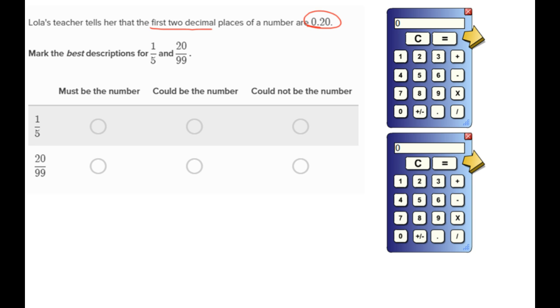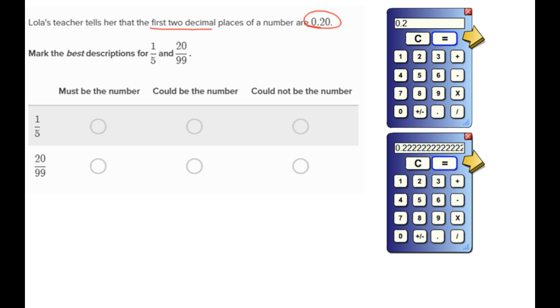So let's figure out what 1/5 is, which you should know. 1 divided by 5 equals 0.2, and 20 divided by 99 equals 0.20202.